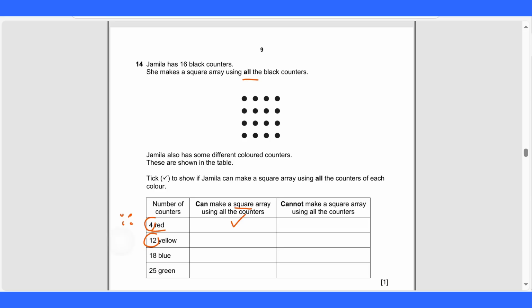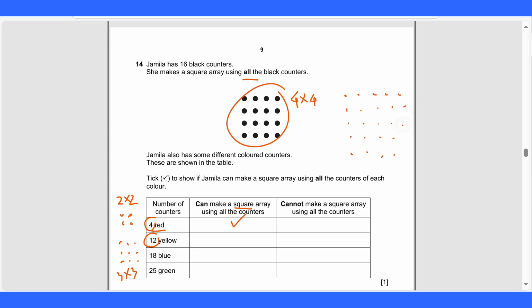So after 2 by 2 is next 3 by 3, which is 9. After 3 by 3 is 4 by 4, this one. After that will be 5 by 5, 1 2 3 4 5, and this is 5 by 5. 5 times 5 is 25.